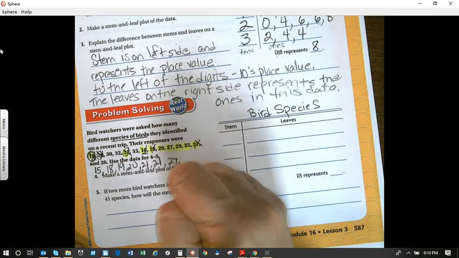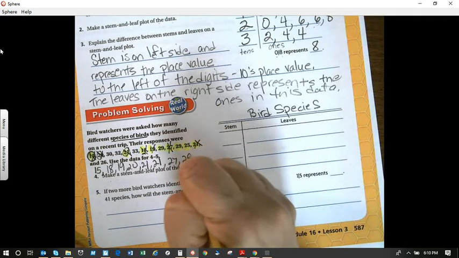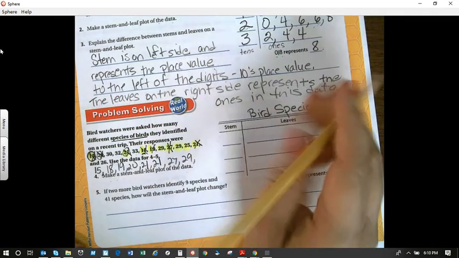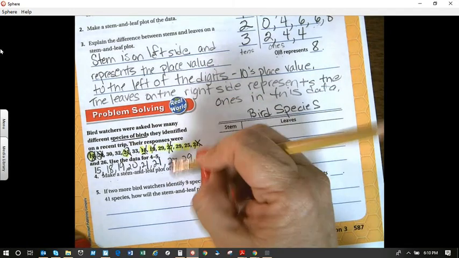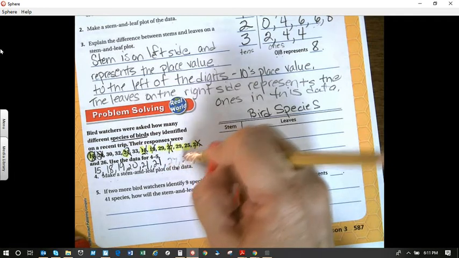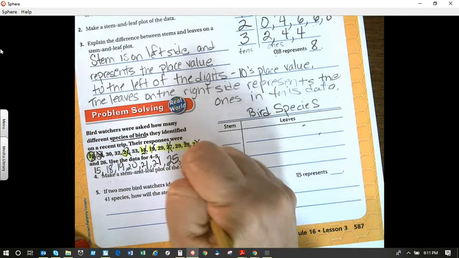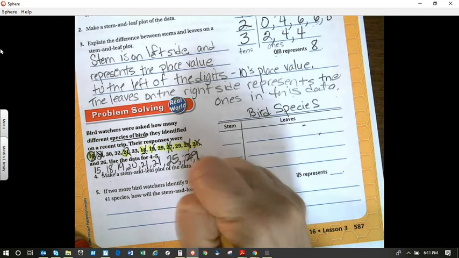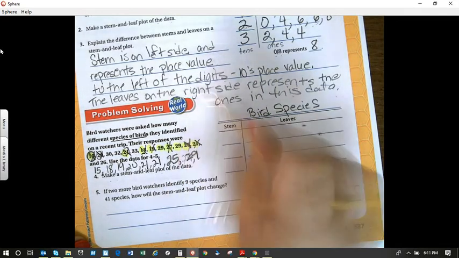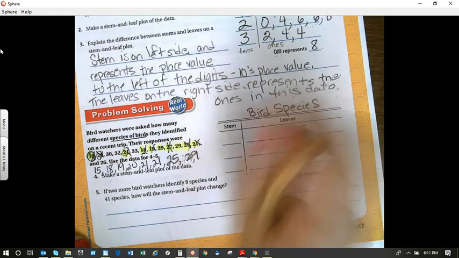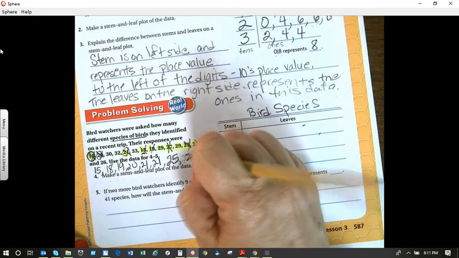Cross this out. Oops, I did miss one. I missed the number 25, so I'm going to erase this real quick. It'll be 25, then 27. I said 27 and I put 29.